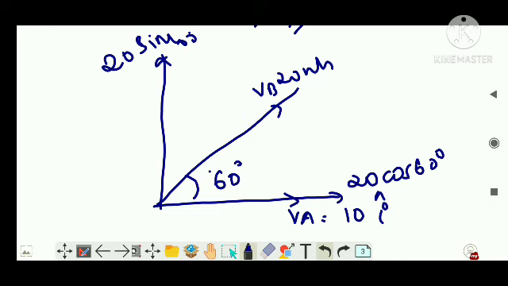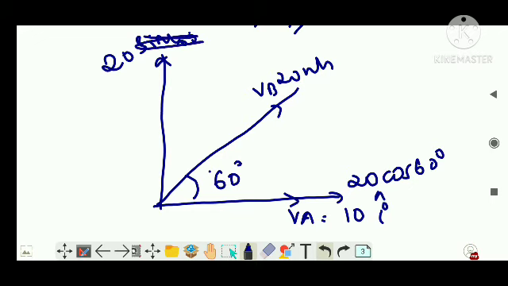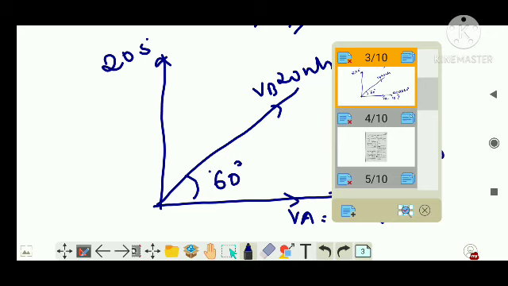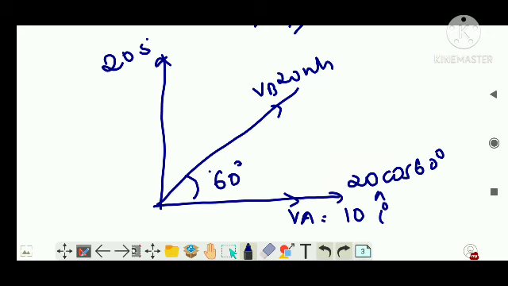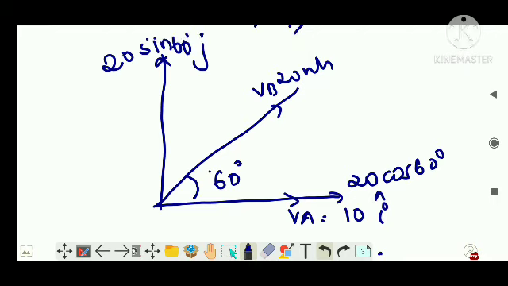So I'm making you understand the entire thing: in place of sine, what I'm going to write is 20 sine 60, and it is in the j direction. Clear? Now with cos 60 I will write it in the i direction.